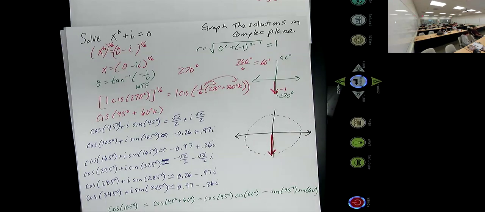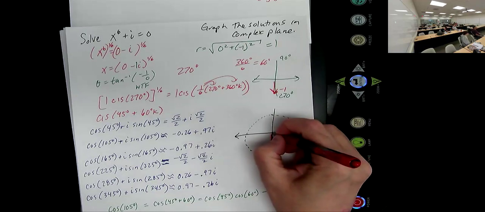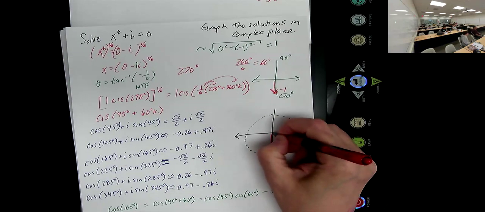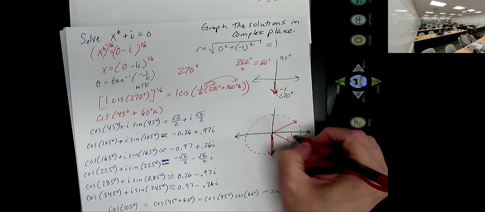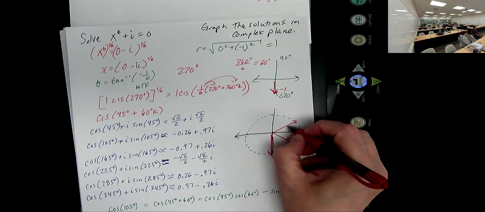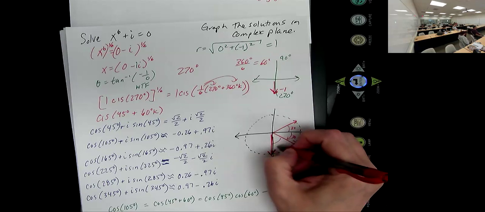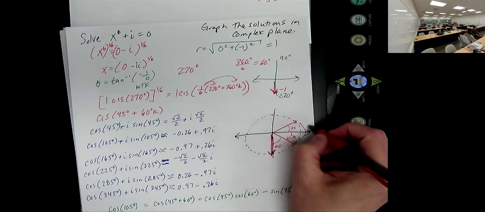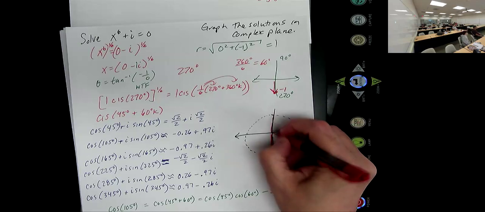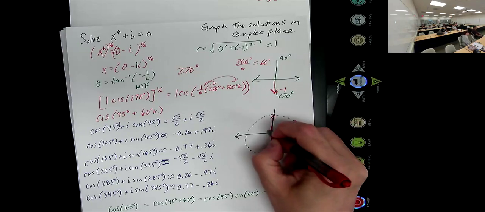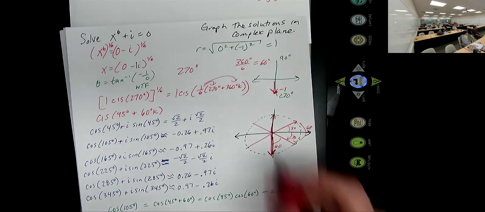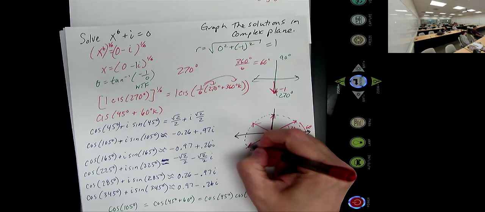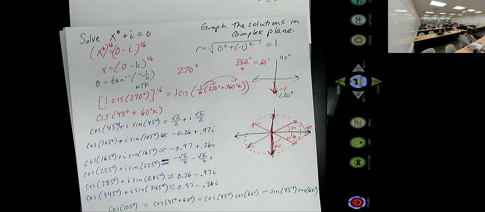And we're basically breaking this up into 6 pieces. So this is 30 degrees there, 30 degrees there, which makes 60 together. We have one going straight up. So those are the 6 graphs of those solutions.